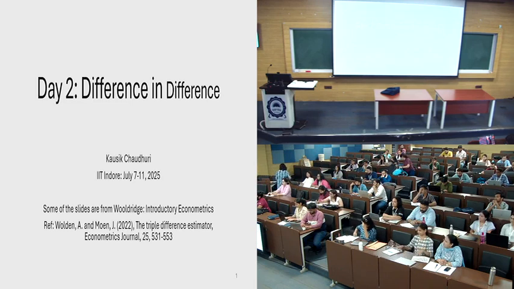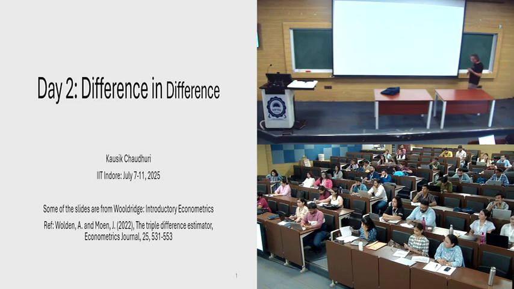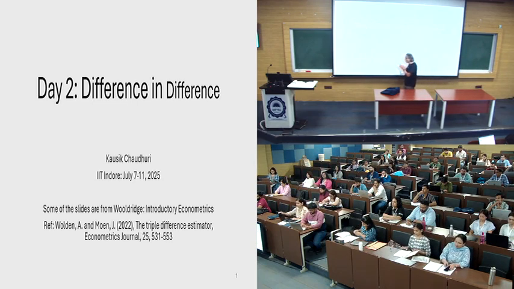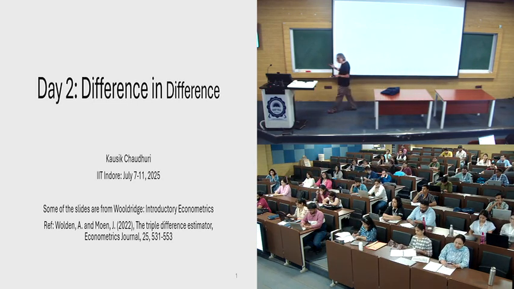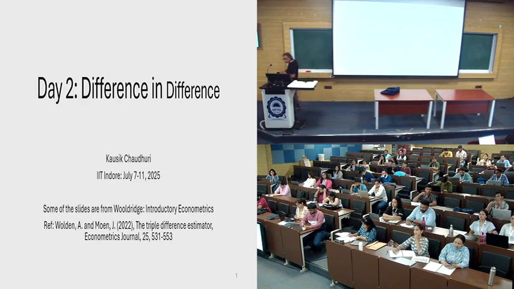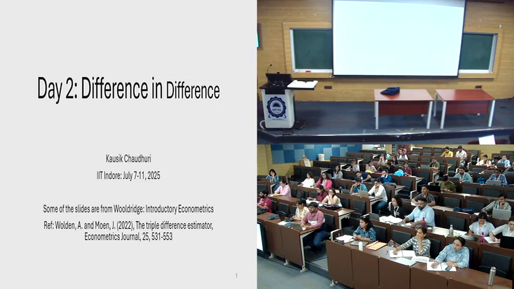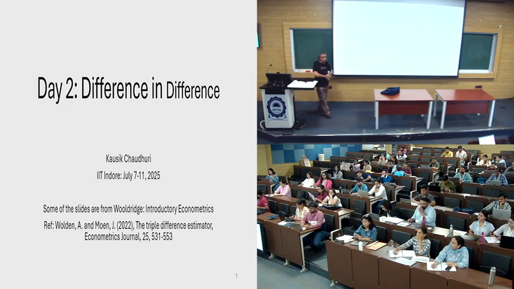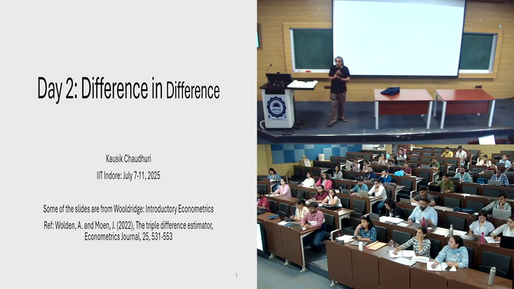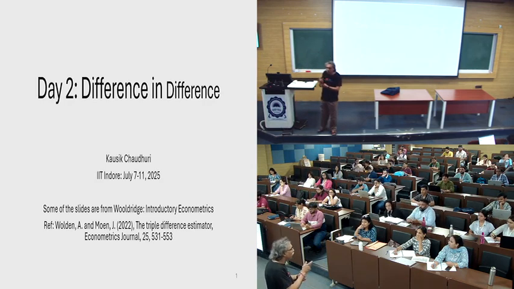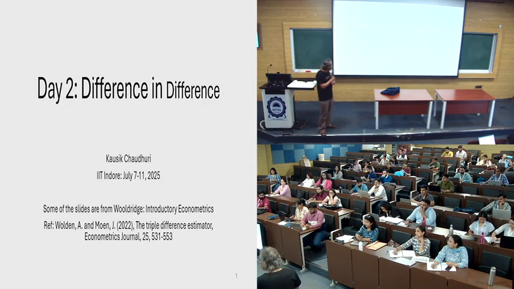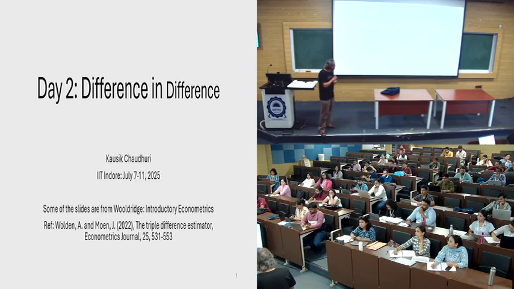Okay. So note, we are going to start with DID, and the basic reference is Introductory Econometrics by Wooldridge. And then there is a paper by Olden and Moen, the triple difference estimator, which a lot of people call DIDID, because that is like triple differencing. The paper appears in the Econometrics Journal.